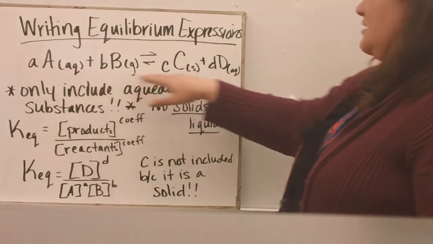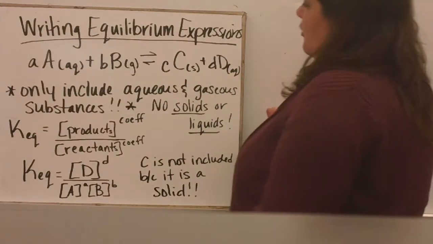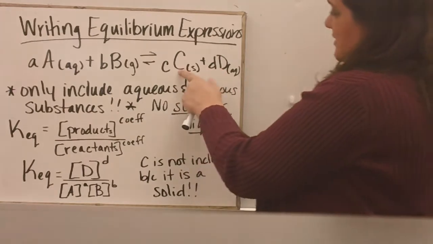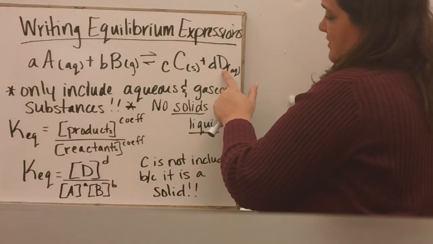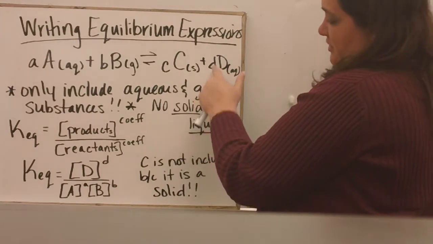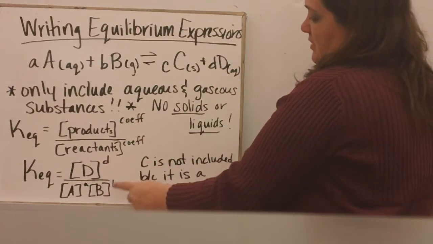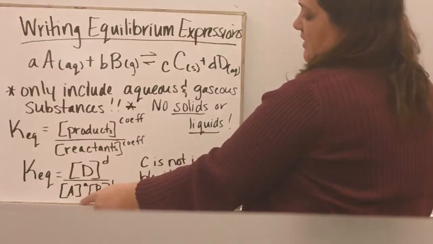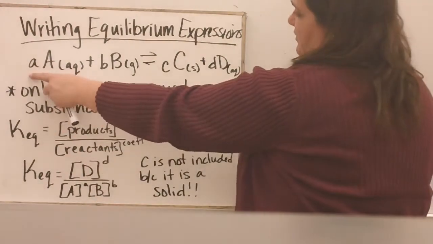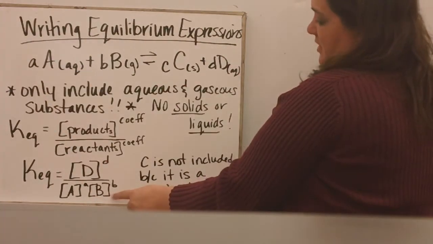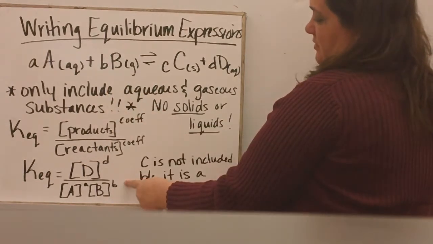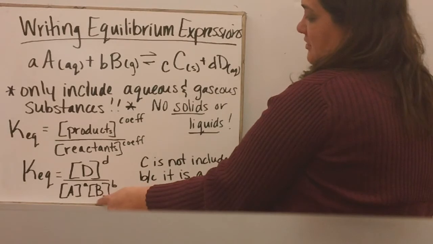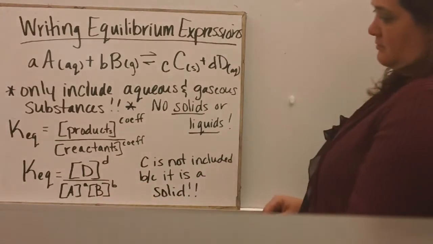So for the reaction listed here, since C is a solid, we don't include C. So we have the concentration of D raised to its coefficient little d divided by the concentration of A raised to the little a coefficient times the concentration of B raised to its coefficient little b. Again, this is multiplication, not addition. Okay?